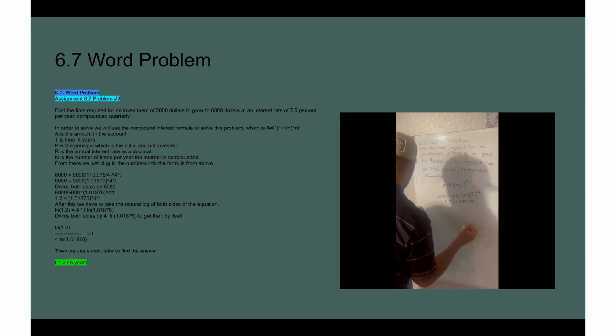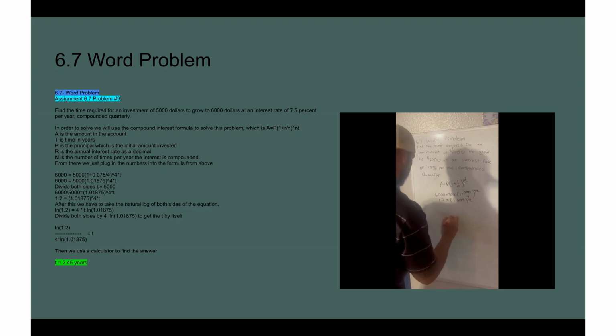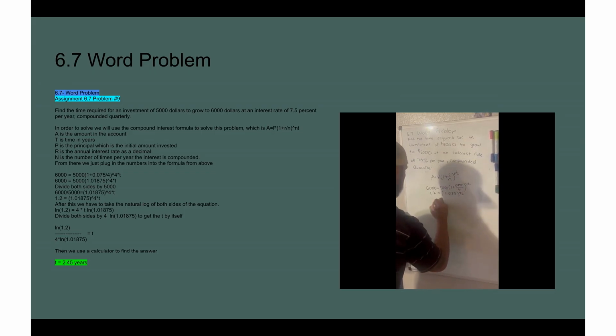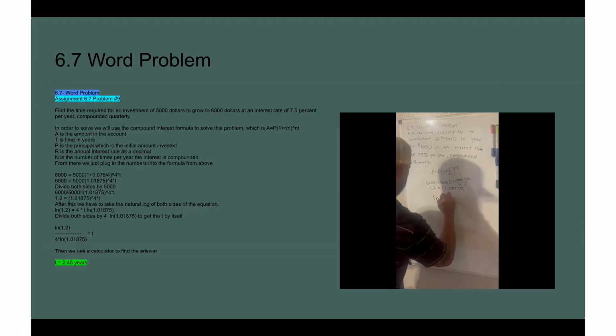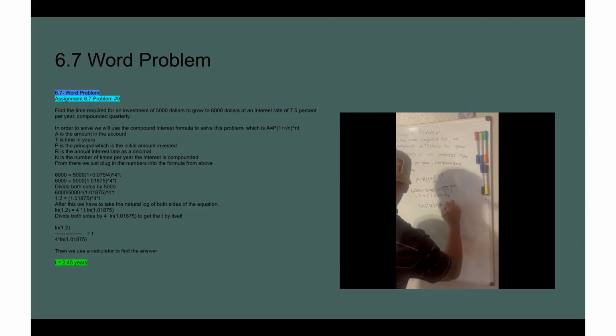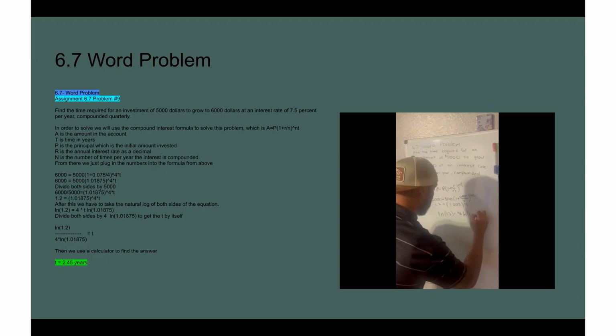1.01875. And then after we have that, we have to take the natural log of both sides to get rid of the exponent. So it comes out as ln 1.2 equals 4t ln 1.01875.